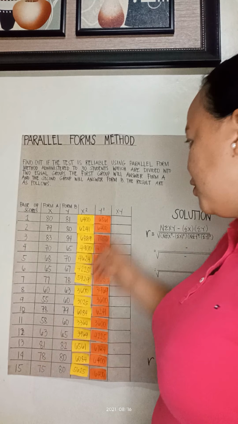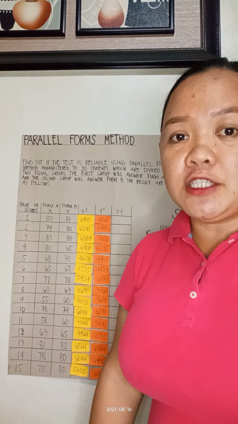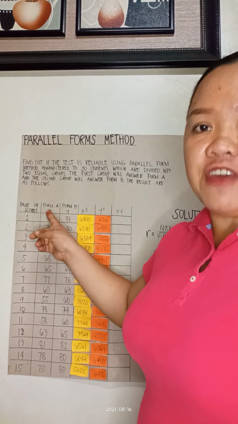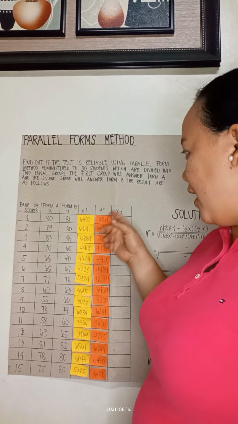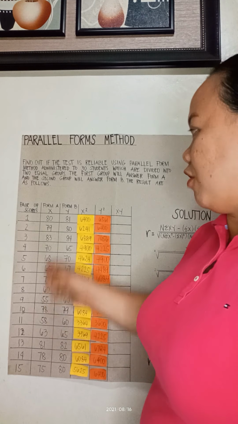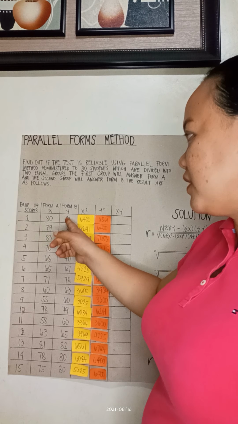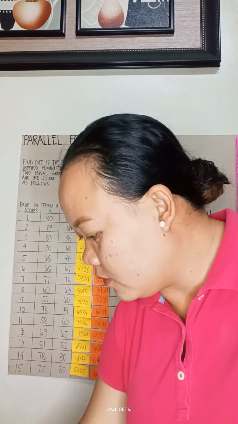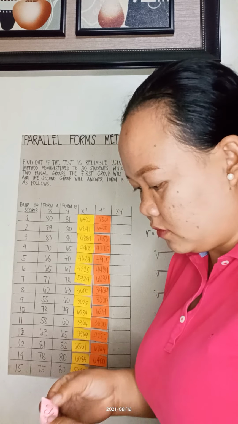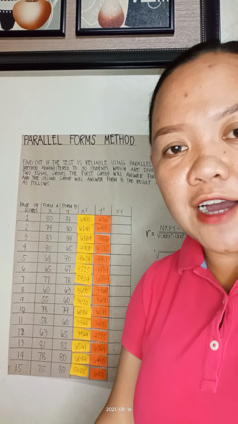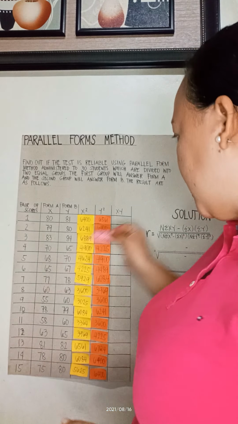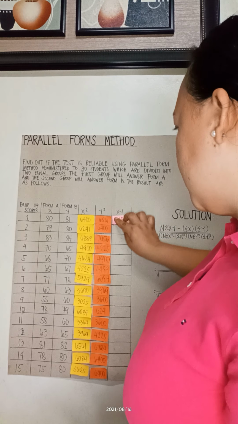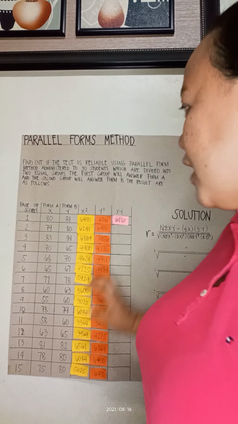Now we will go to x times y. All we need to do is multiply x and y to get the answer for this column. First, 80 times 81 is equal to 6,480.